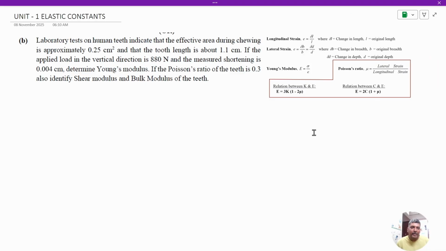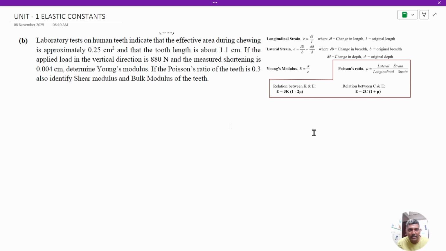The test on human teeth indicates that the effective area during chewing is approximately 0.25 centimeter square and the tooth length is about 1.1 centimeter. If the applied vertical load is 880 Newton, the measured shortening is 0.004 centimeter.